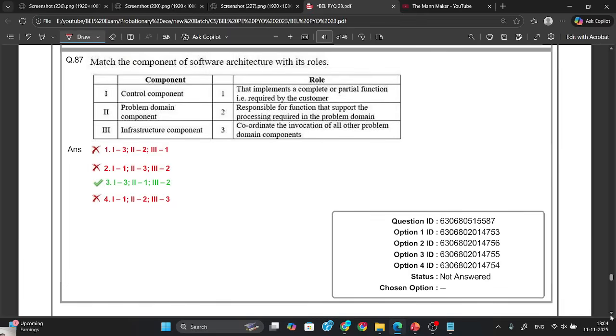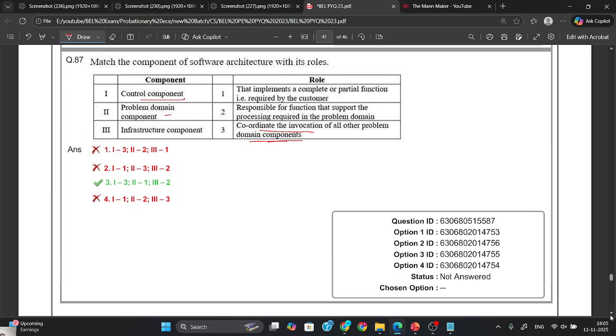Now we have some components and their roles. For the controller component in a software architecture, the role of the controller component is to coordinate and invoke all other problem domain components.